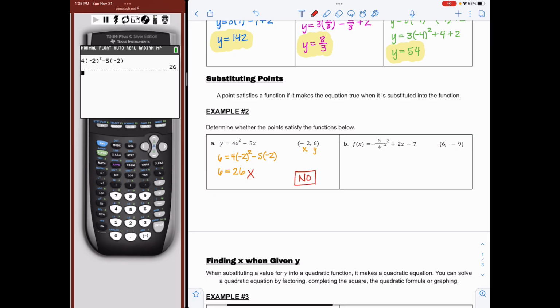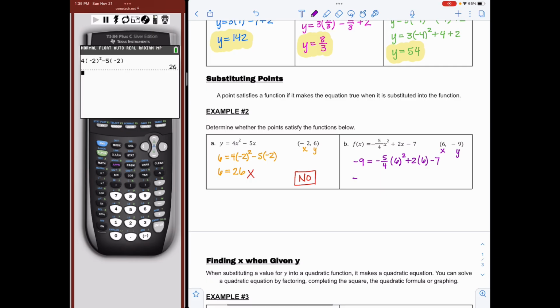All right. We're going to do the same exact thing for part B. We have 6 is x and negative 9 is y. So where we have f of x, remember f of x is the same thing as y. So we're going to put a negative 9 there. And that is going to be equal to negative 5 over 4 times 6 squared plus 2 times 6 minus 7.